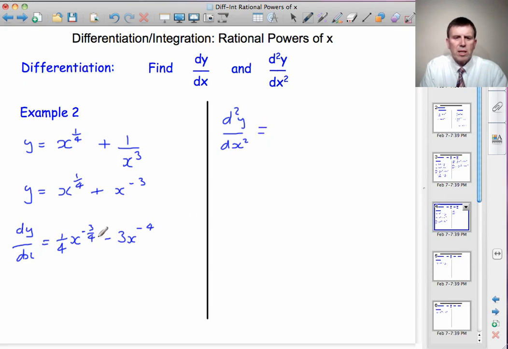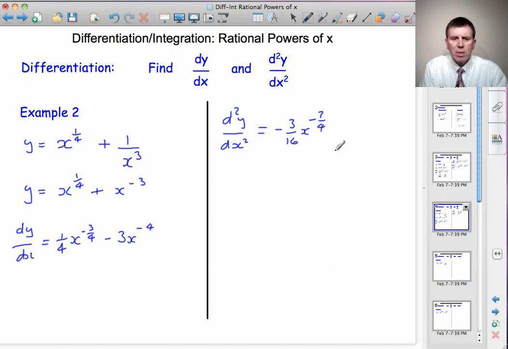So differentiating here, minus 3 quarters comes to the front and is multiplied by a quarter, and that gives minus 3/16. x to the power, now 1 less than minus 3 quarters is minus 7 over 4. We need to subtract another 4 quarters.